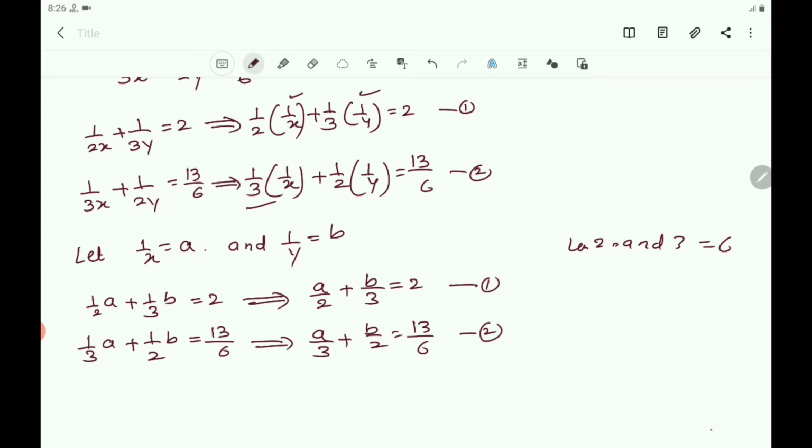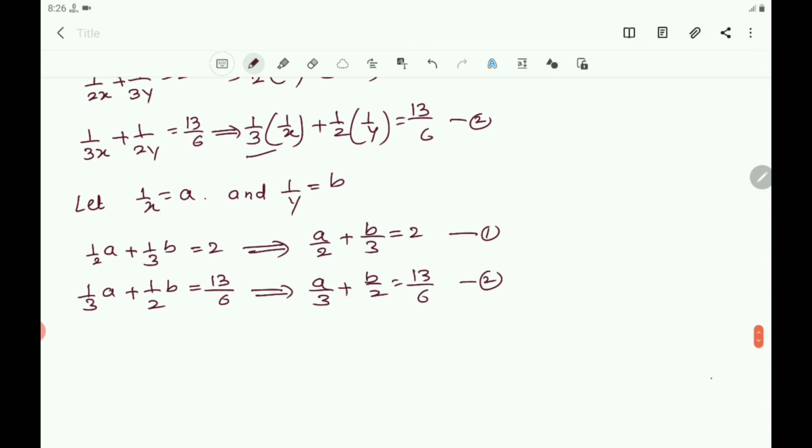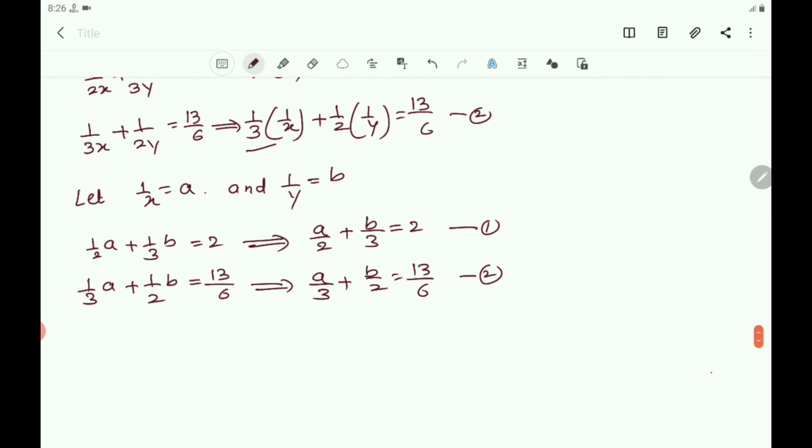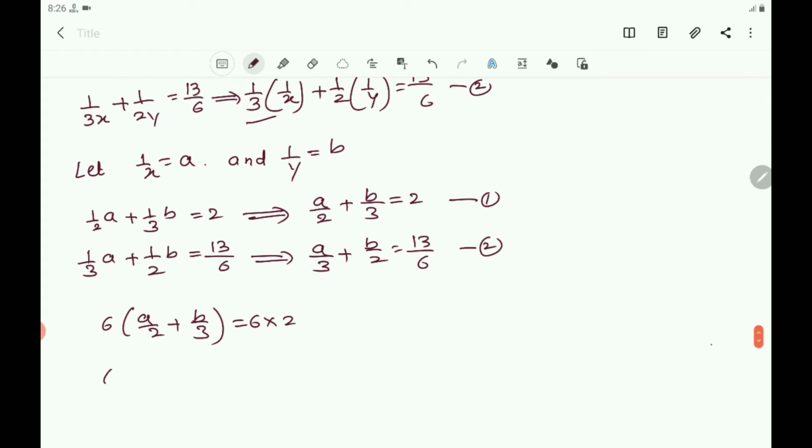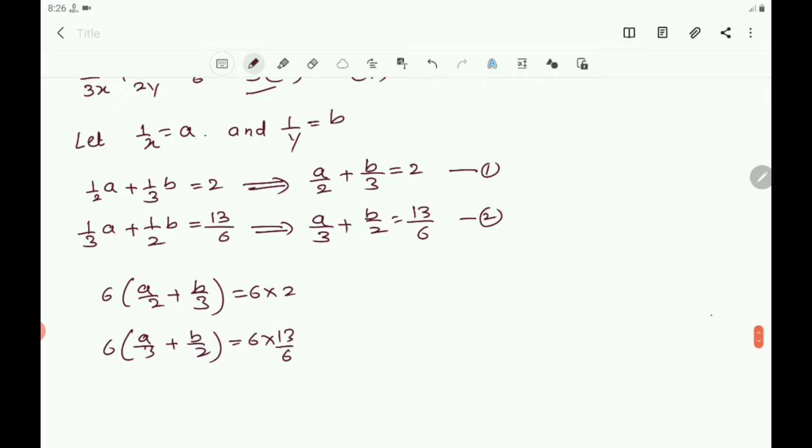So multiply the LHS and RHS of both equations by 6. The first one is 6 into (a/2 + b/3) equals 6 into 2, and the second is 6 into (a/3 + b/2) equals 6 into 13/6.